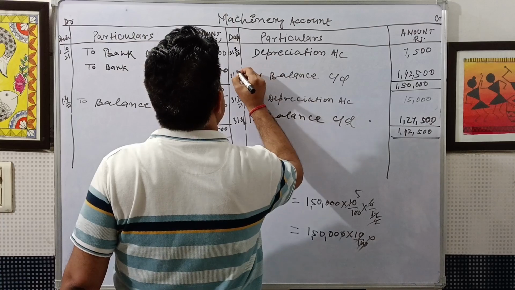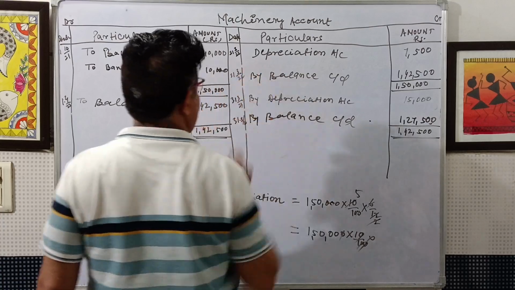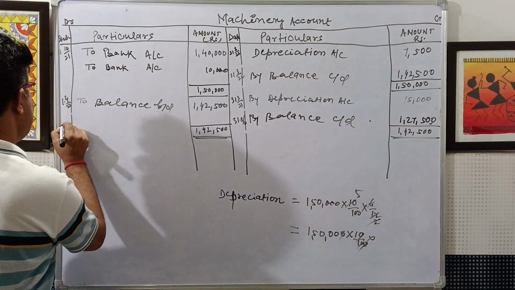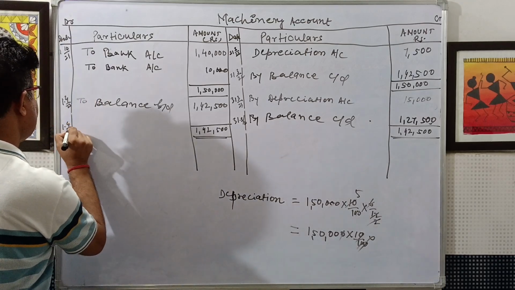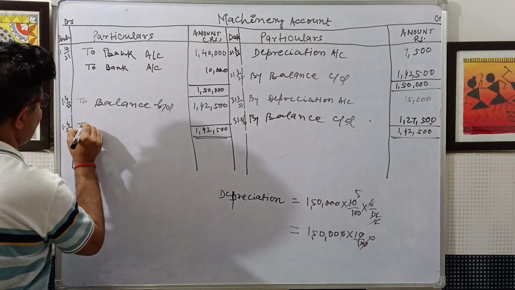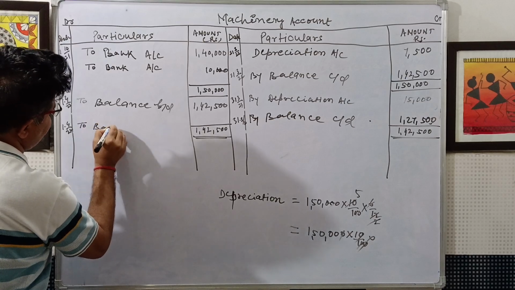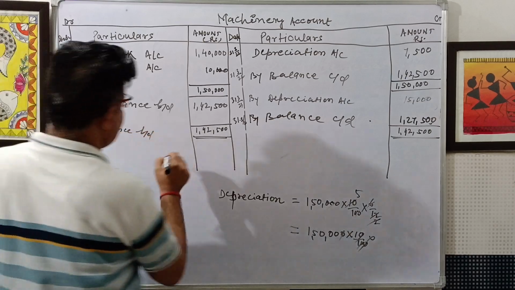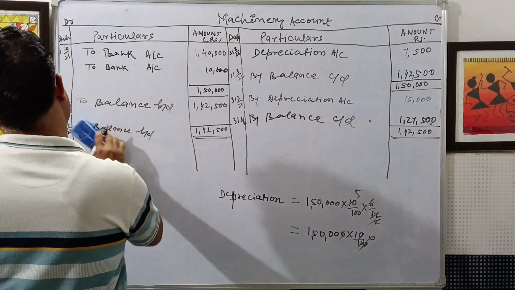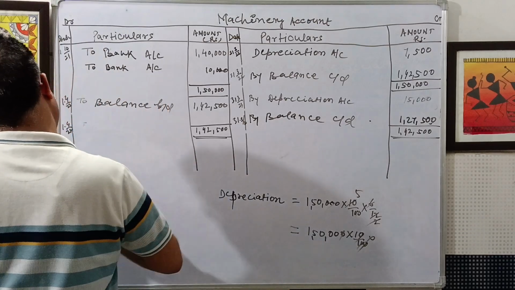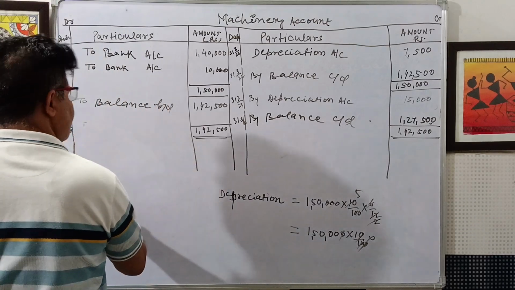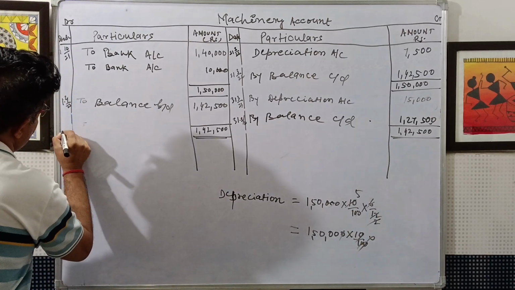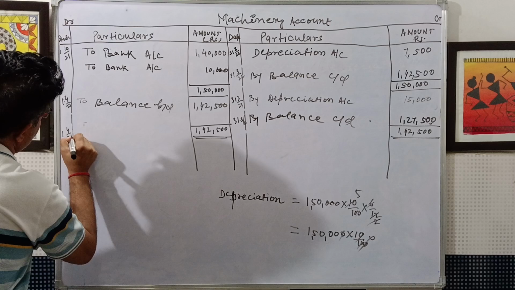Now the next one, 1st April 24, to balance BD, how much? 1,27,500.